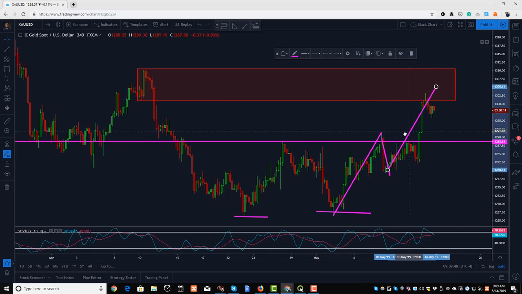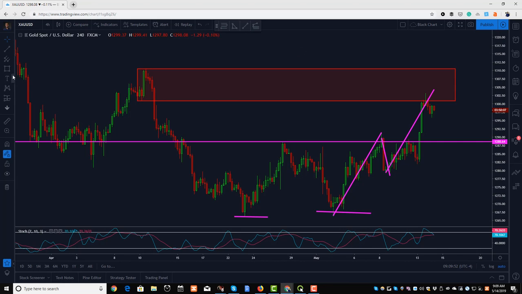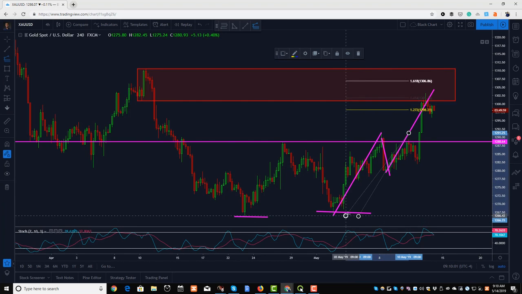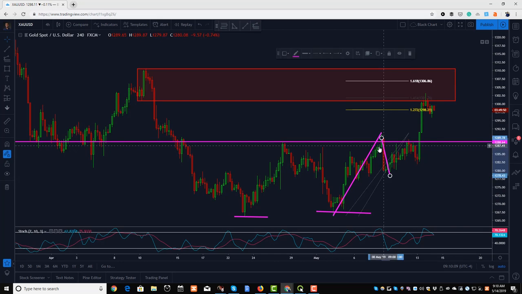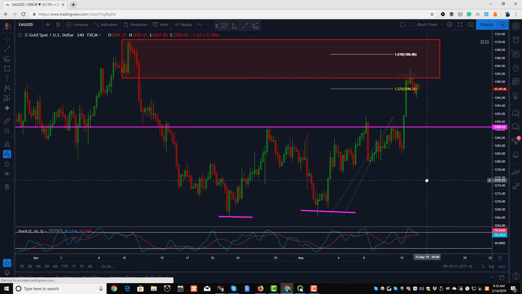It might have been a 1.44. I think a 1.618 was a little bit higher, if I remember correctly. Yeah, and a 1.618 Fibonacci retracement because a 1.414 was here. So we got that breakout on gold. That's why I said that the move we expected was already made. Now it's kind of back to the drawing board.